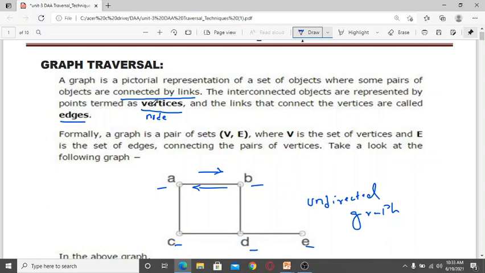These two things are very important in a graph. First one is vertices: A, B, C, D, E. Edges means whatever link is connected from A to B, that is called an edge. And each of A, B is called a vertex.